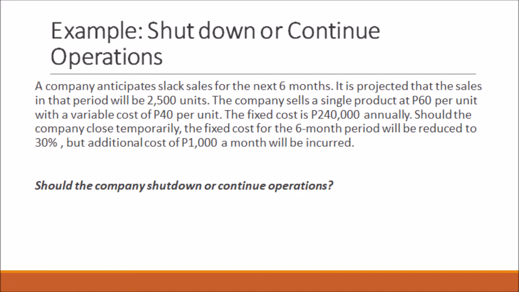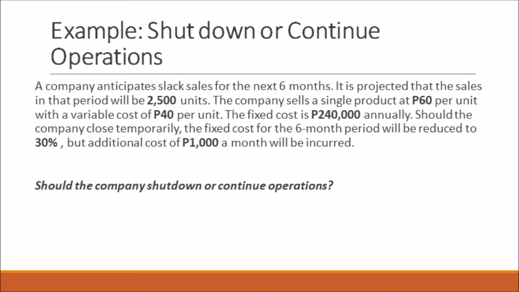Should the company close temporarily, the annual fixed cost will be reduced to 30% for the 6-month period only, but we'll get an additional cost of 1,000 a month. And so we have already identified the relevant information that we're going to need. It is already in bold letters and numbers, so you can easily identify it.